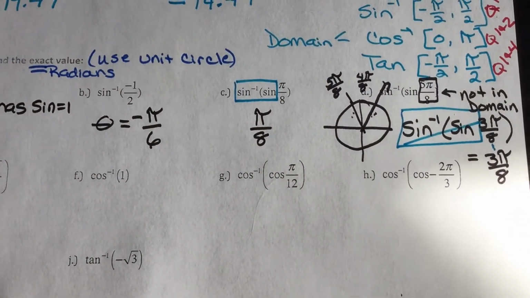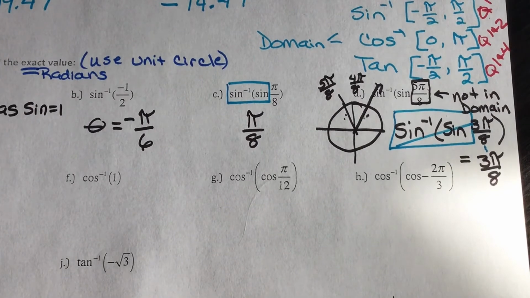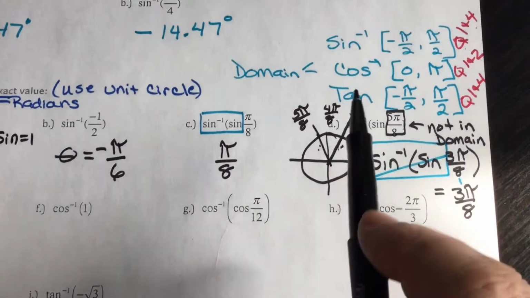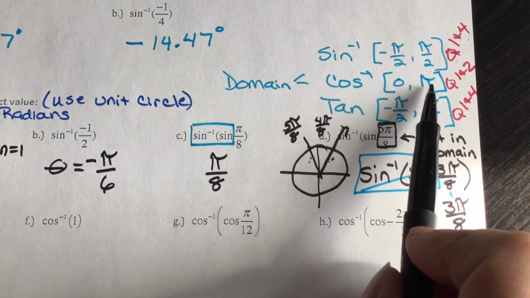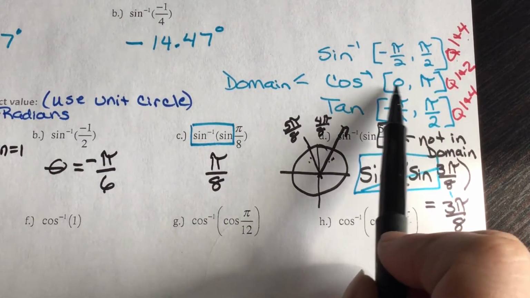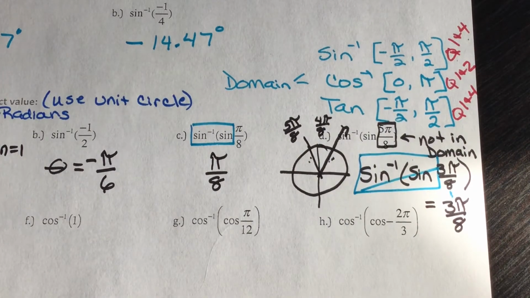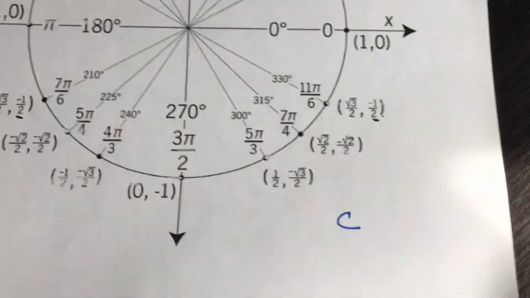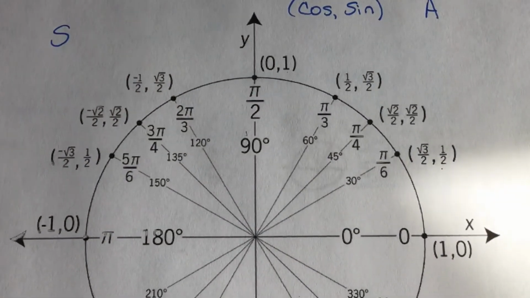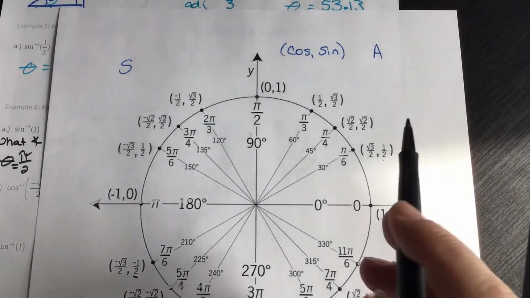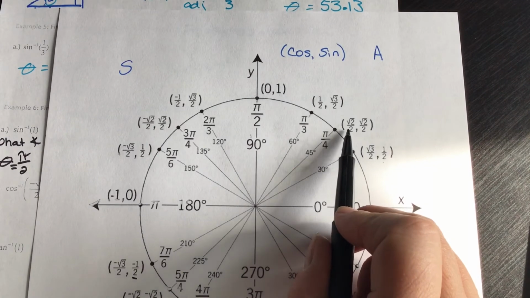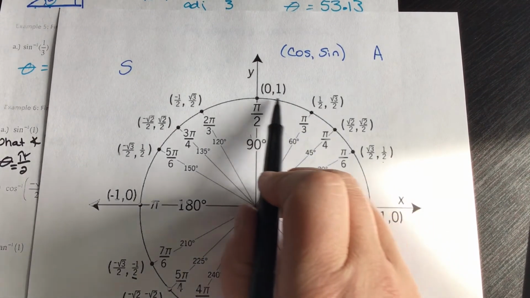Part E, I'm looking for a cosine that has negative square root of 2 over 2. Now remember, inverse cosine has a domain of 0 to pi. So I want negative square root of 2 over 2. Zoom back out here. So here's a cosine, the x-coordinate of square root of 2 over 2.